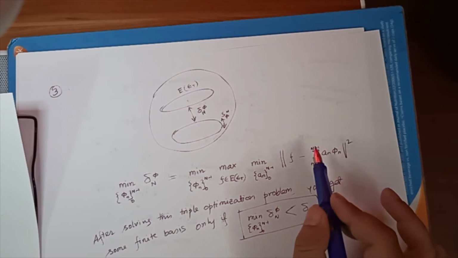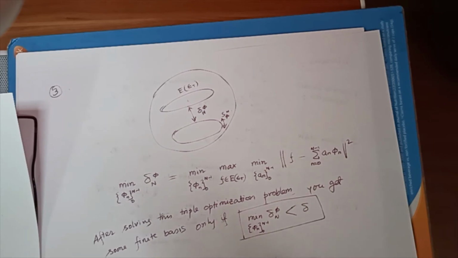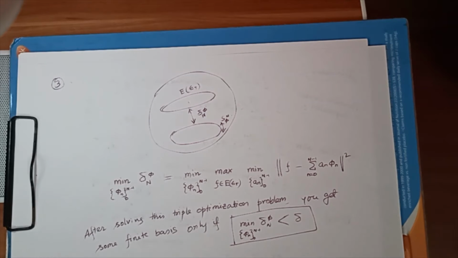You cannot bound this error by some upper bound. Rather, you will get some lower bound of such error such that it cannot arbitrarily be made smaller, the error energy. So you will ensure that the dimension is actually n.